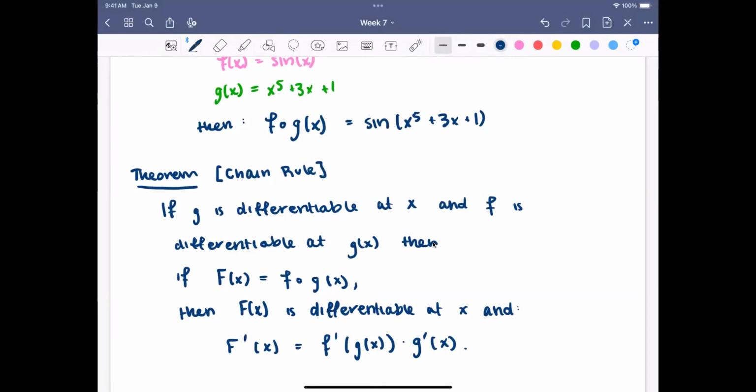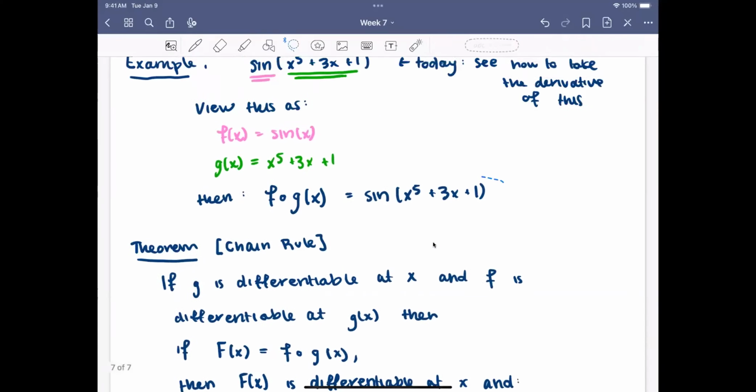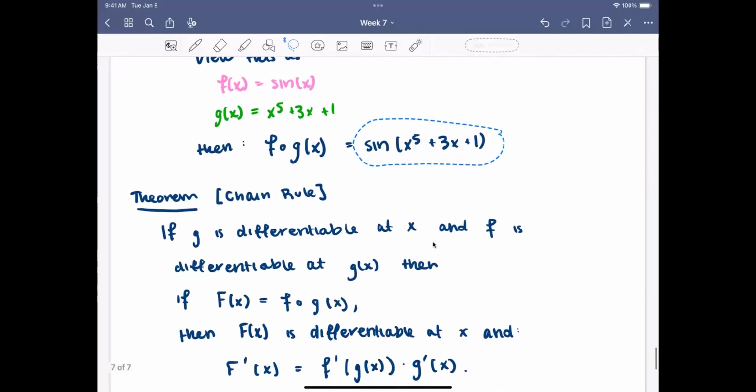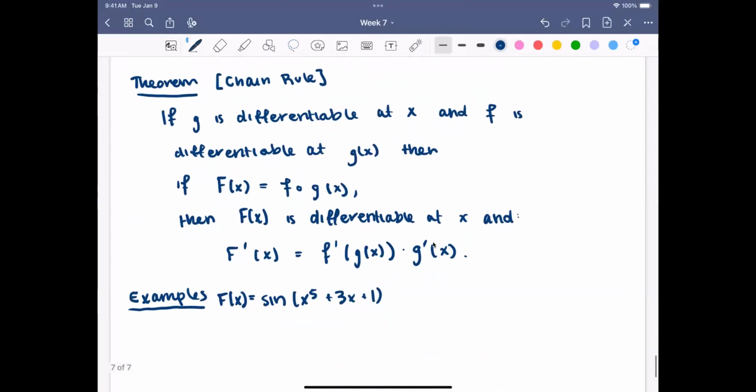Okay, so let's do some examples. So let's do this example here. Let's let capital F of x be this function, and we'll take the derivative.